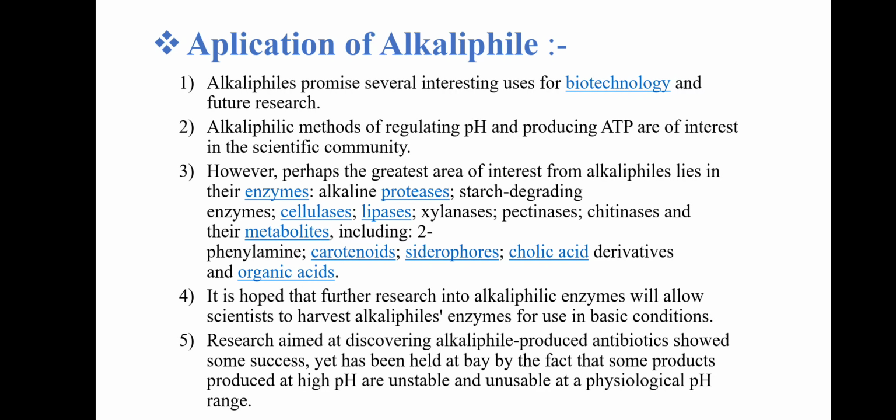So next, the last topic is application of alkaliphiles. Alkaliphiles promise several interesting uses for biotechnology and future research. Alkaliphilic methods of regulating pH and producing ATP are of interest to the scientific community.